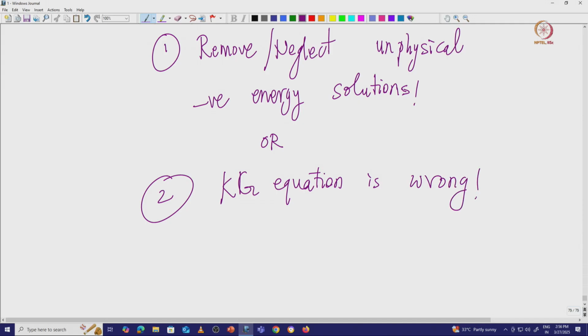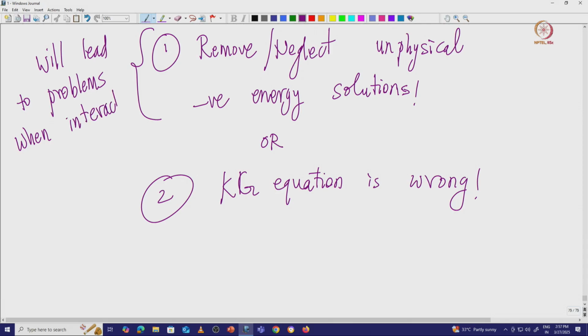Now, both these approaches are incorrect actually, and we will see in various cases why the first situation, removing unphysical negative energy solutions or neglecting them, saying that okay, I do not care about these negative energy solutions, I throw them away, will lead to problems which we will see later on, when interactions are put in.